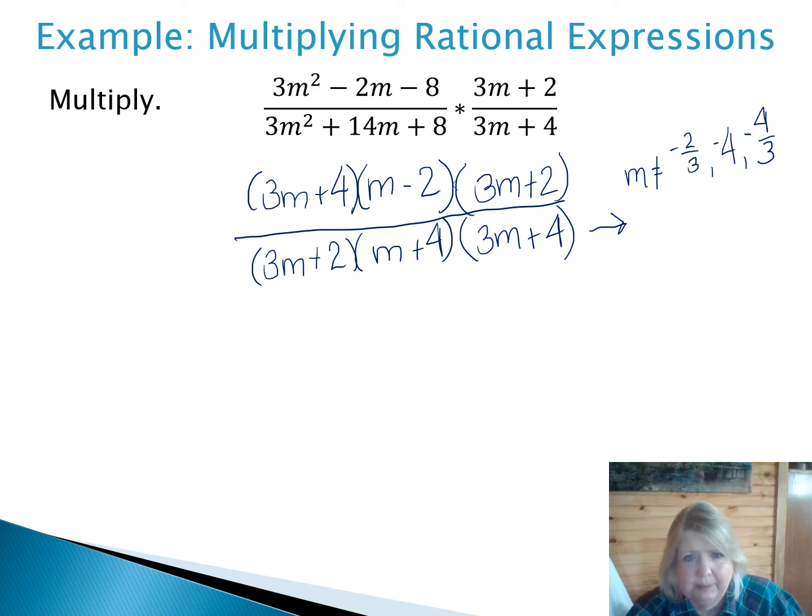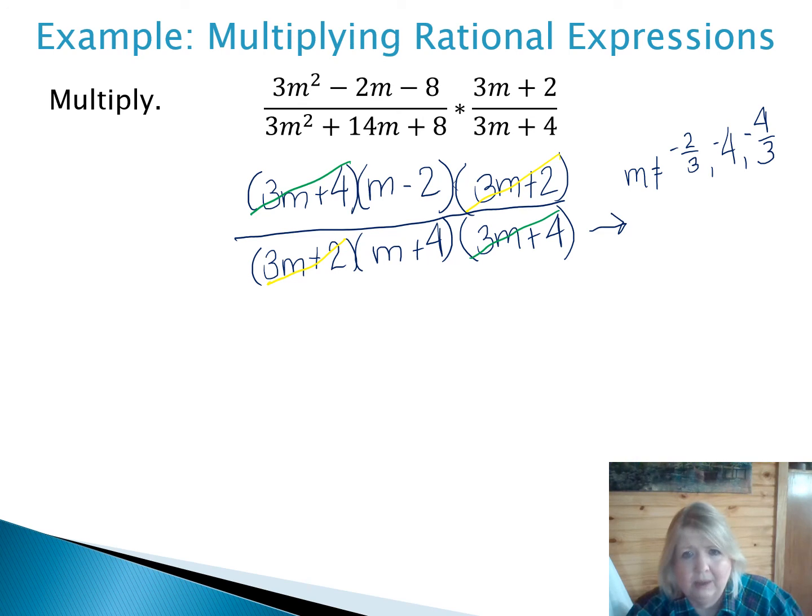Okay, 3m plus 4 divided by 3m plus 4 makes a 1. 3m plus 2 divided by 3m plus 2 makes a 1.